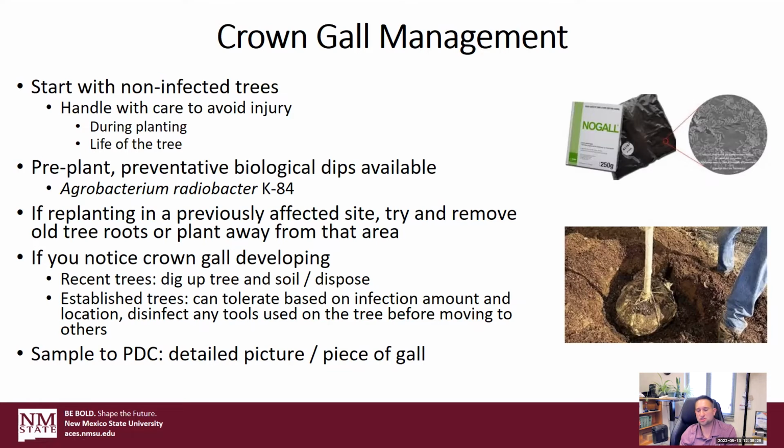For established trees, again, as I mentioned, they can tolerate some amount of infection depending on the location. If it's right on the crown, maybe not so much. If it's on a root, then maybe they can overcome that. So for a sample, really all we need to see is a really detailed picture. You can send that through email, or you can even send a piece of the gall, and we can look at it here in the clinic.